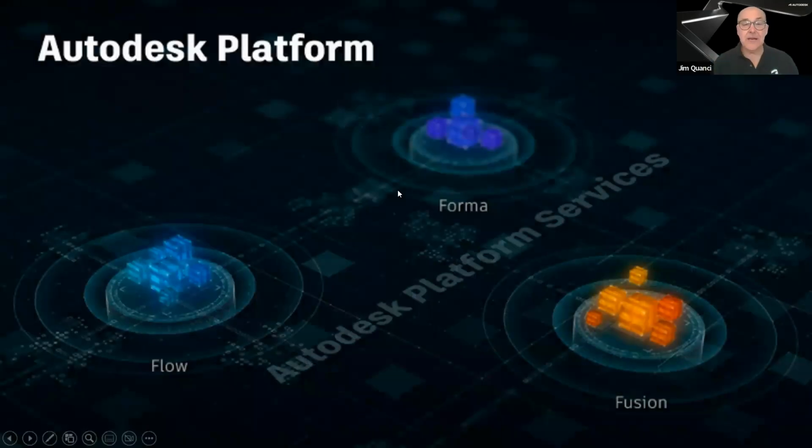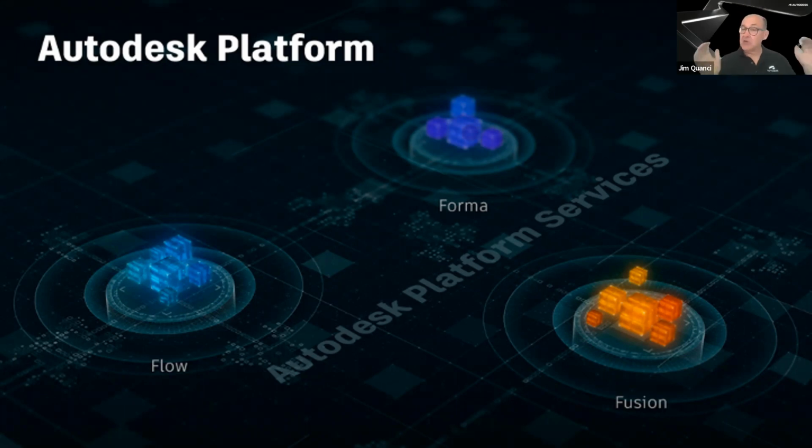I did want to talk about Flow, Forma, and Fusion for just a sec, because people who follow Autodesk will have heard about it. So let's be clear. Flow, Forma, and Fusion are Autodesk platforms that are made up of Autodesk end user products, right? So forma, we're actually about to release next month the very first end user product under the Forma platform, which comes from our SpaceMaker acquisition.